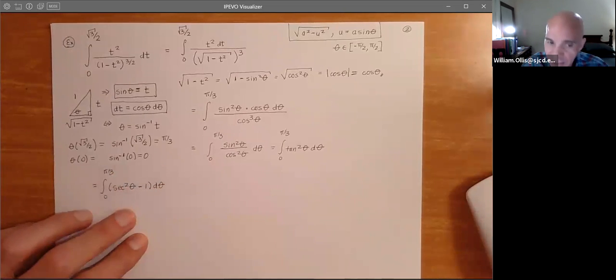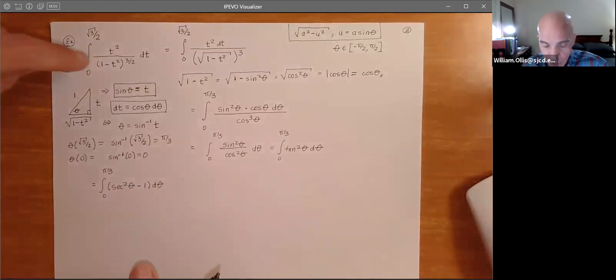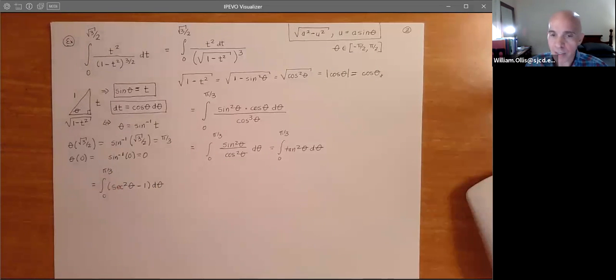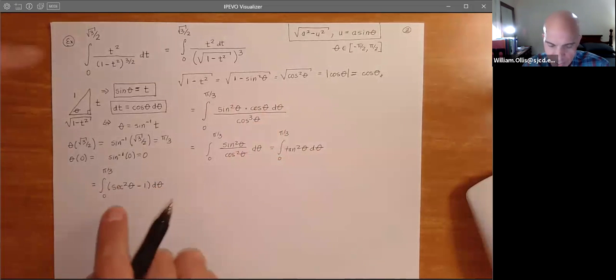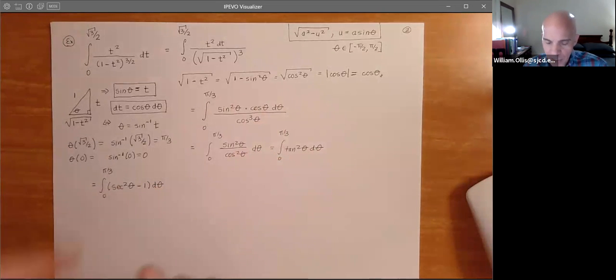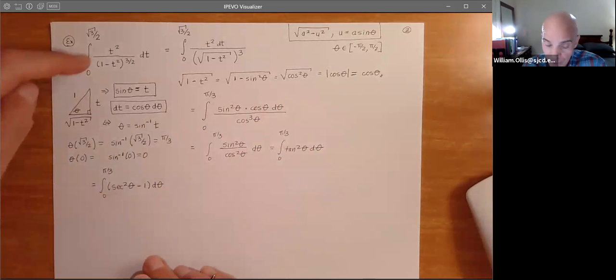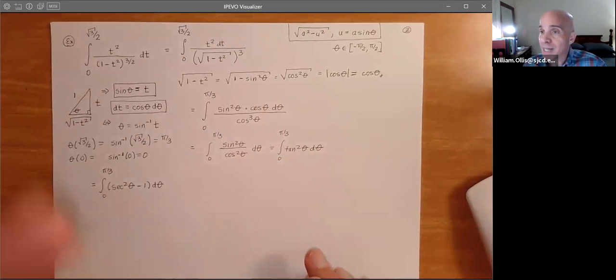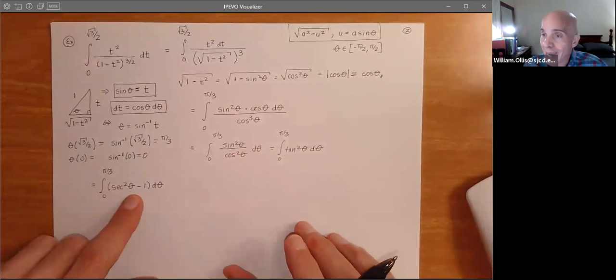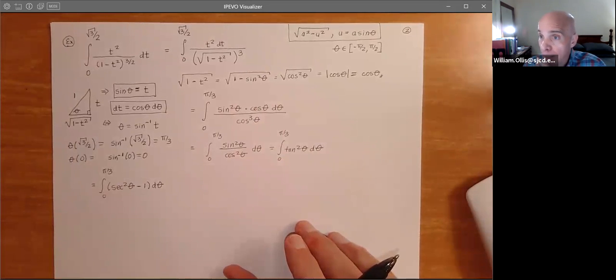So now look at this, ladies and gentlemen. This integral is now transformed into this integral. Once we do this and we clean it up, we see that these are equivalent. This is doable. In this form, it's not. So we do the transformation with the trig substitution to create a trig integral that for the most part will be doable.